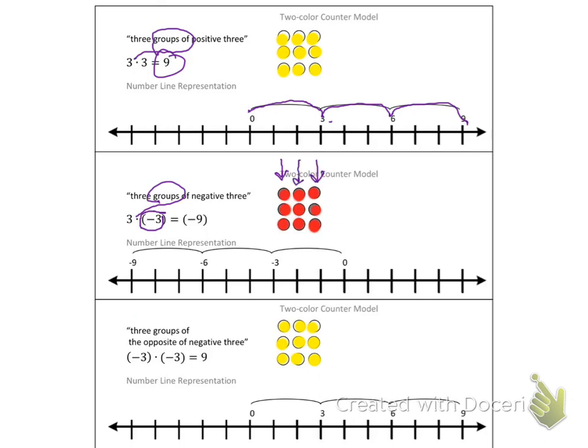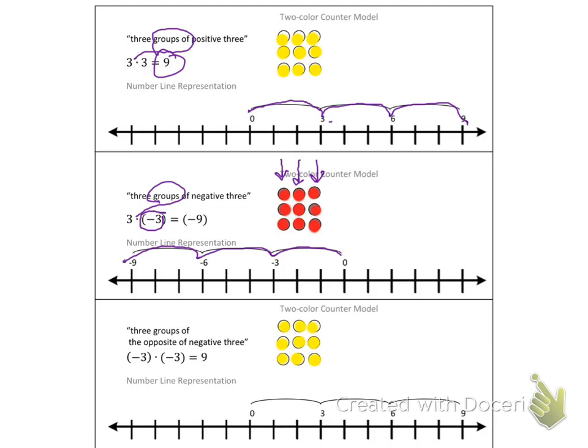There's 3 inside each group, and so if you were to count these up, we have a total of negative 9. So on that number line this time, because we are working with negatives, we have to move to the left, to the negative side. And we're going to skip count by 3s here. So negative 3, negative 6, negative 9. It works the same way, just on the opposite side of the number line.